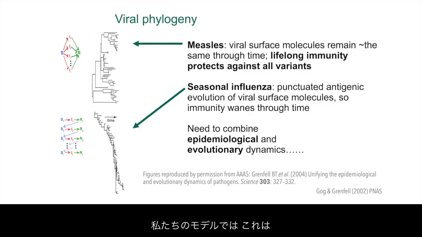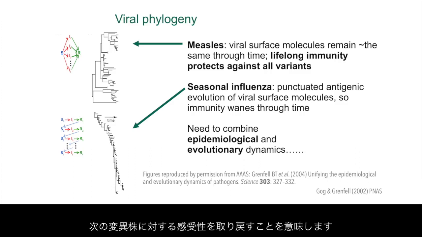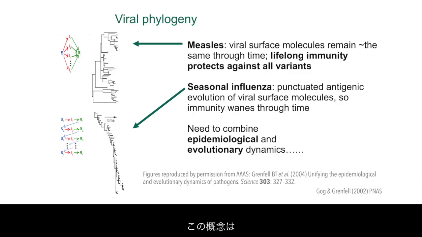In our models, this means that people who were in the recovered group regain susceptibility to the next variant. You've probably become somewhat familiar with this concept over the last few years as the world has seen the spread of successive variants of the SARS-CoV-2 virus.